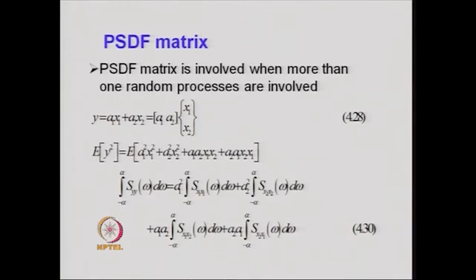Here in this slide you can see that Y is a random process consisting of the two random processes. They are weighted by A1 and A2, that is Y is equal to A1 x1 plus A2 x2, and that can be written in a matrix form as in equation 4.28.